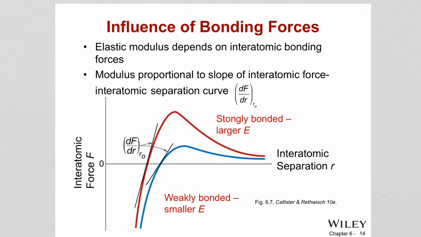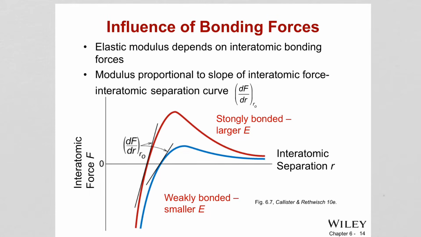As I told you, the modulus depends on the interatomic bonding forces or strength, and it is proportional to the slope of interatomic force versus interatomic separation. Logically you can understand that: how much you can separate the atoms with the applied forces is going to depend on the modulus.